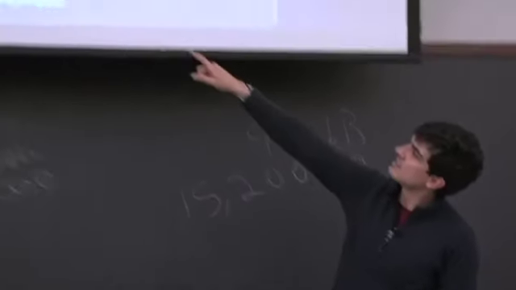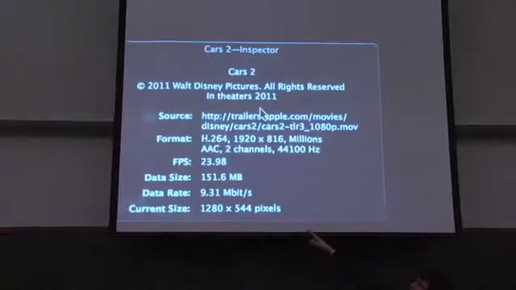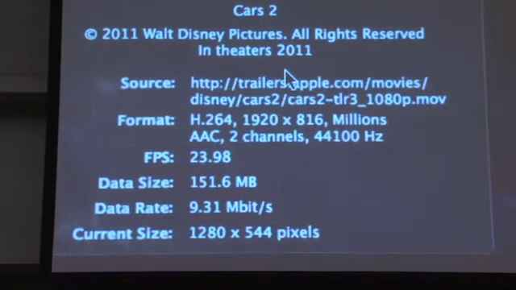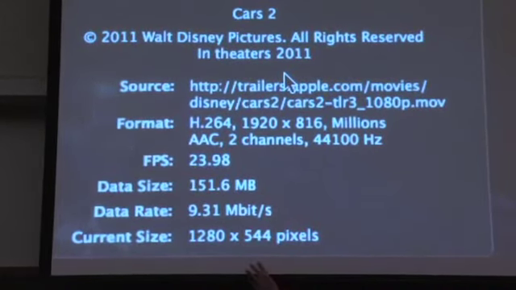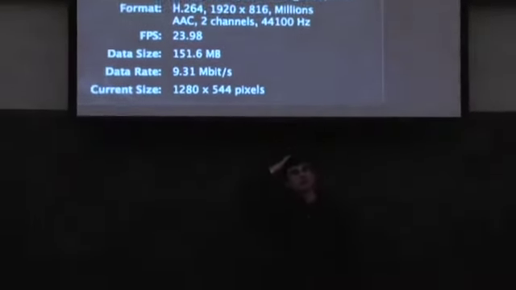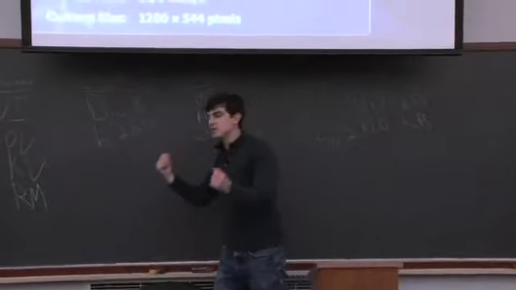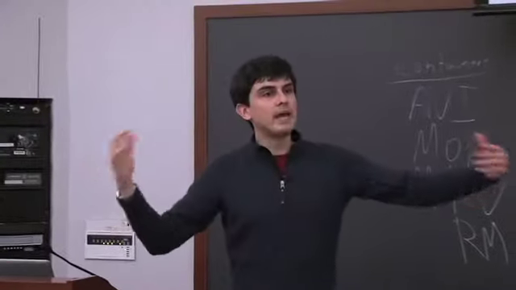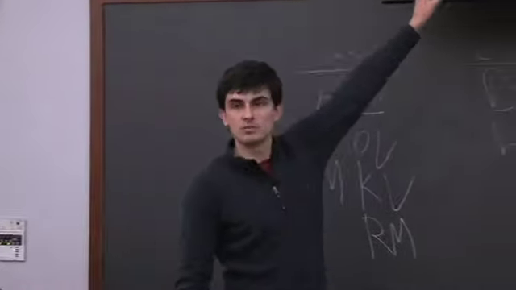Now we can see the data size. The size of this entire thing is going to be about 152 megabytes. With the data rate, we can actually see the current size. So this actually highlights what I had mentioned before. What happens if we have an image that's too big for our screen? 1920 is too many pixels for the resolution of this projector.